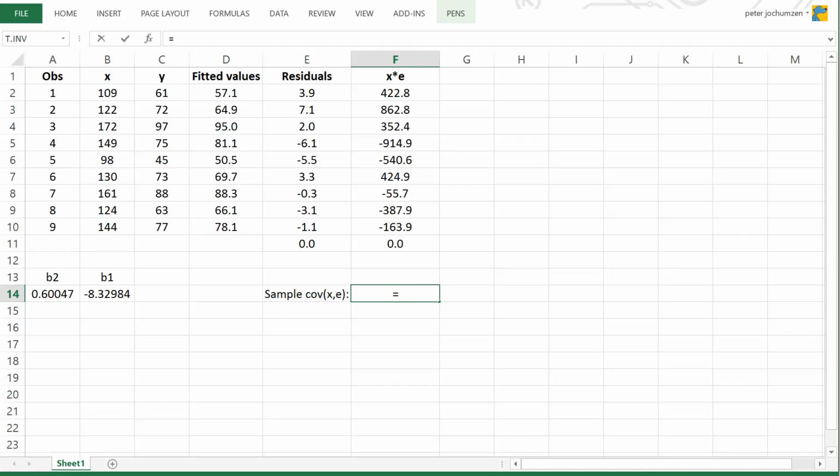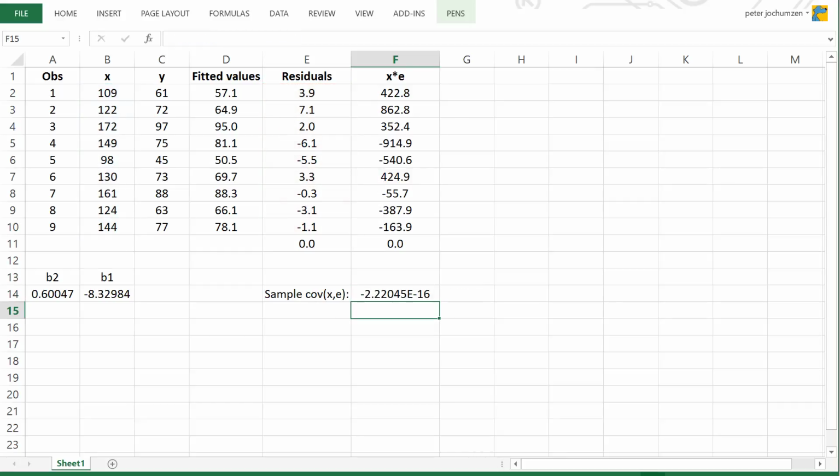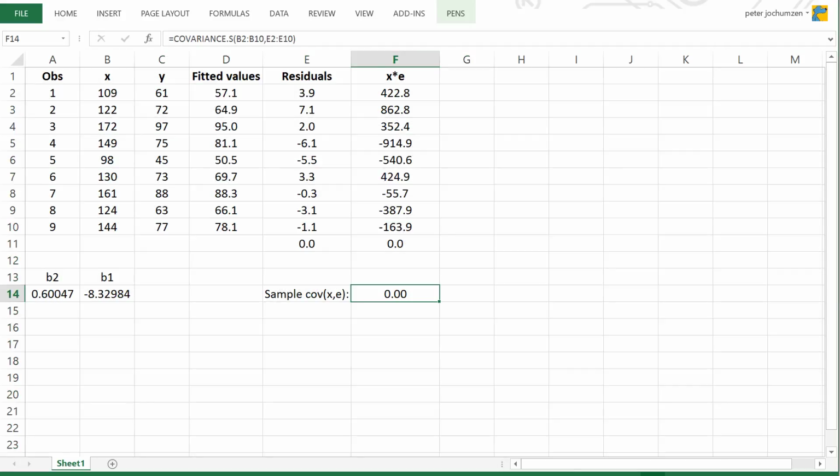So we do covariance.s, put the x data, put the residuals, and parentheses, and we get a sample covariance which is 0.